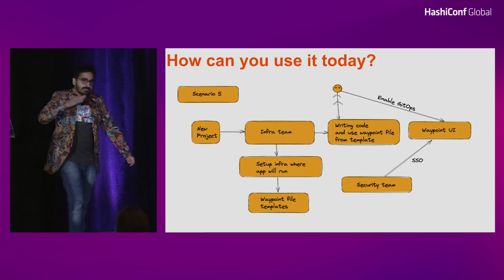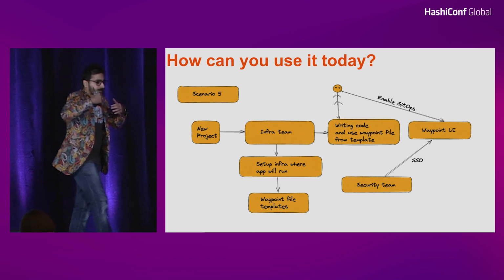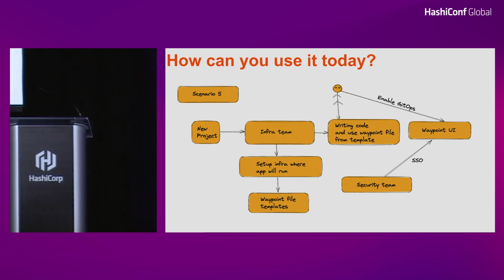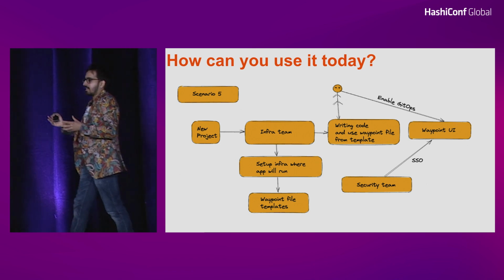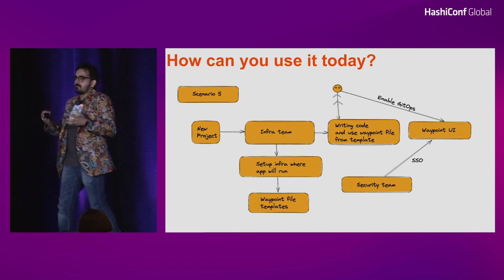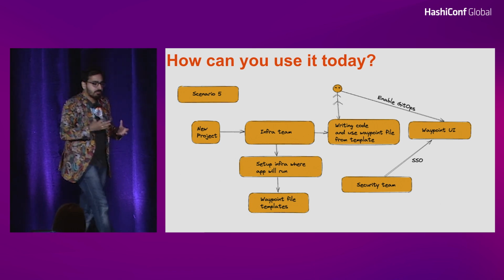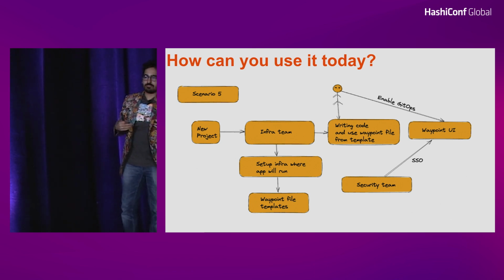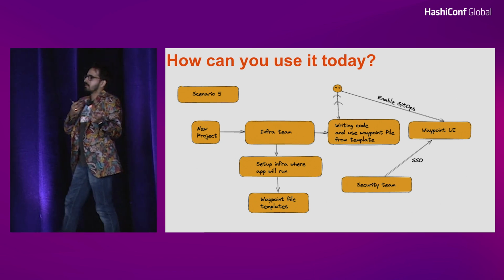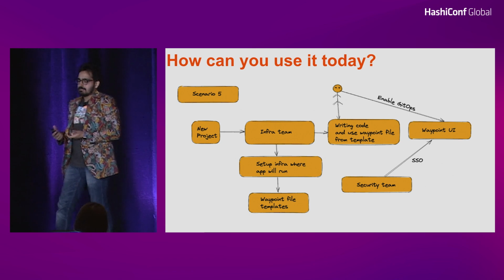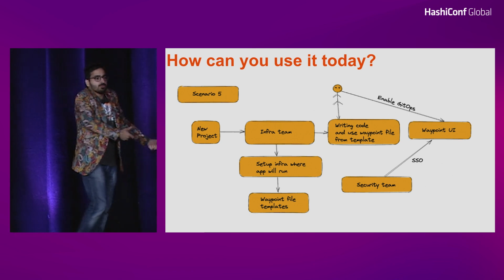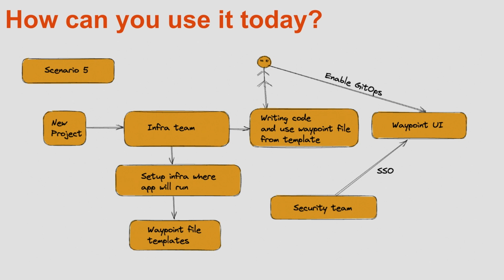So as a developer, I don't even want to write the Waypoint files. So if the infrastructure teams are there and they are able to give me the Waypoint file templates that can be easily used by me, and I just need to configure maybe some variables or maybe edit the domains and things like that, then I can only focus on writing the code and use those templates which are created by the SRE team.